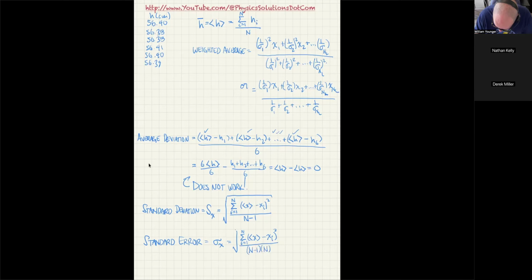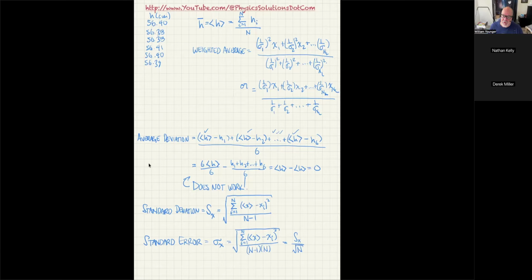So it's literally just one extra factor different from the standard deviation. And because of that, we can see that this is the standard deviation divided by the square root of the number of trials. So that's the result we want.